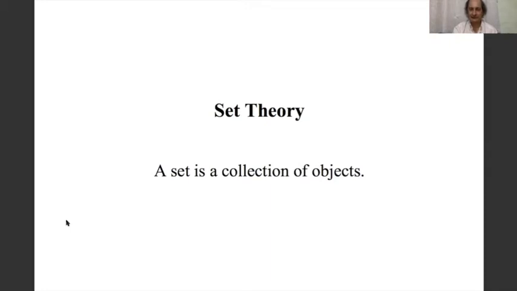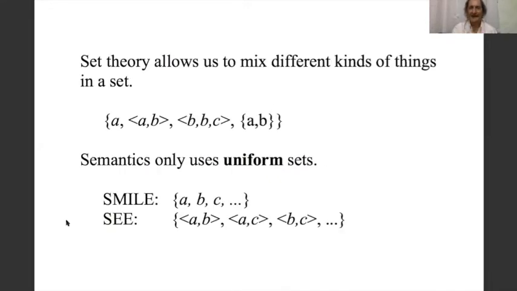They can be individuals, they can be ordered pairs of individuals, they can be ordered triples, they can be sets of individuals, they can be sets of sets of sets of individuals. You can have any kind of a thing inside of a set.